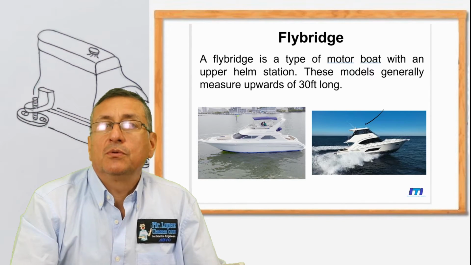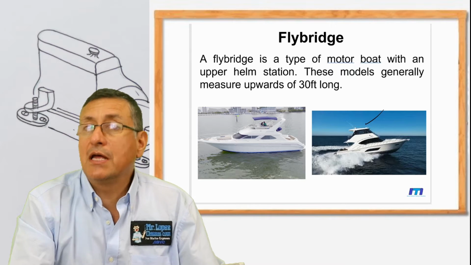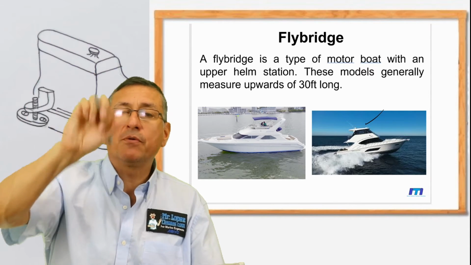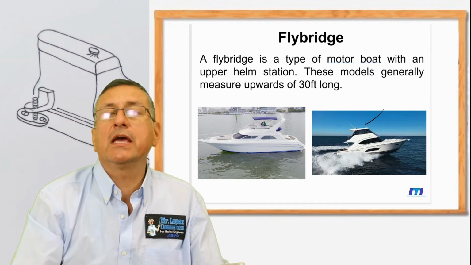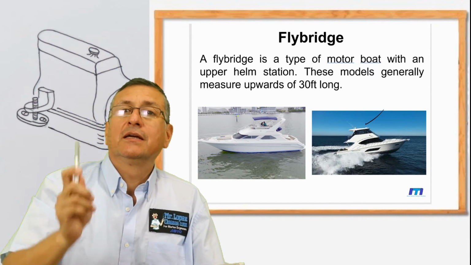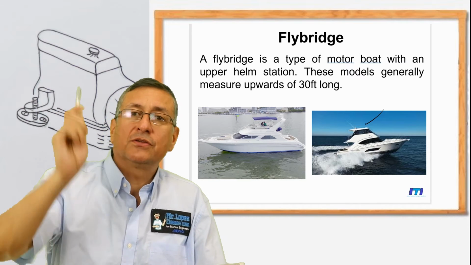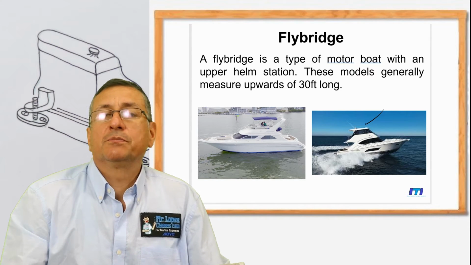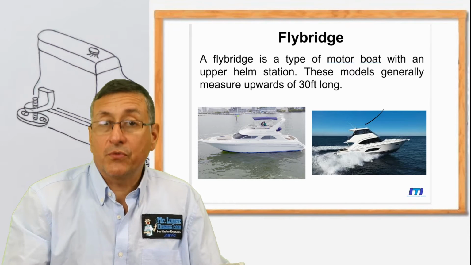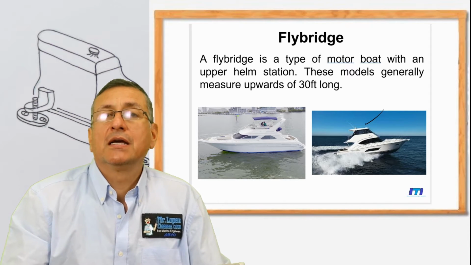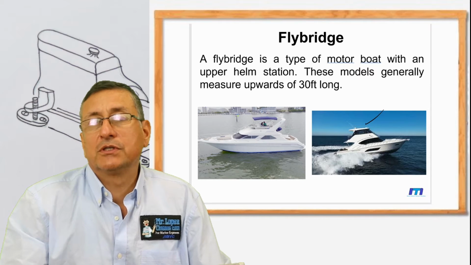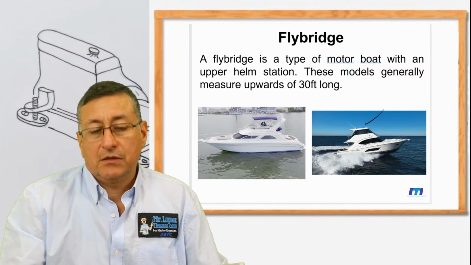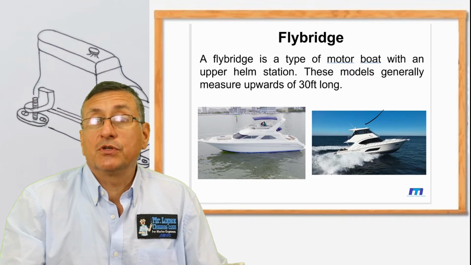And yes, we are going to learn the procedure to install the additional helm, the power steering unit, the helm over there, and the wiring in order to start and stop the engines over there. This is part of our course of auxiliary rigging. We are going to learn about that, and in electricity, of course, this is another of our best sellers, the electrical classes.